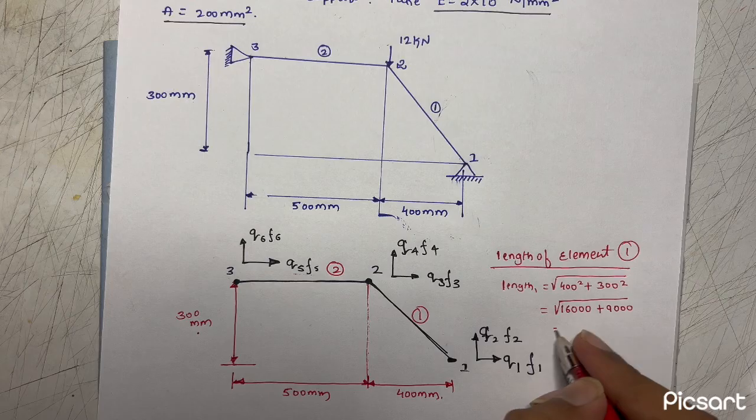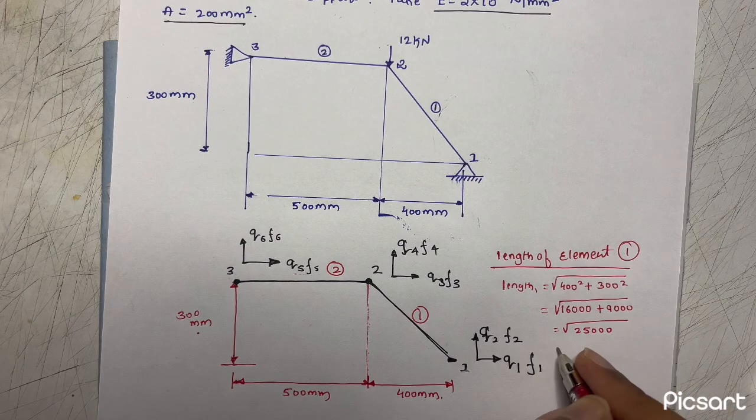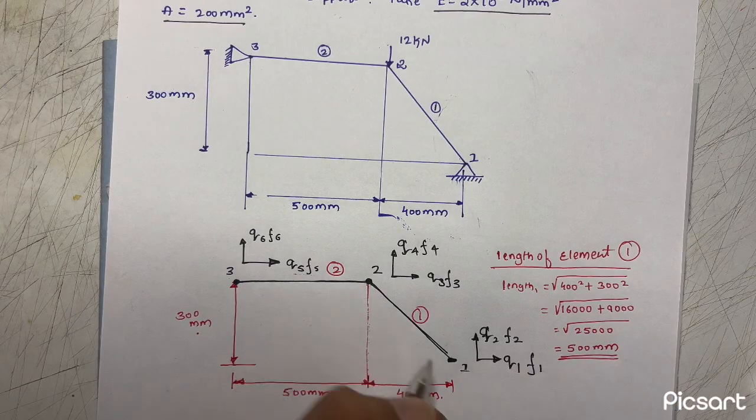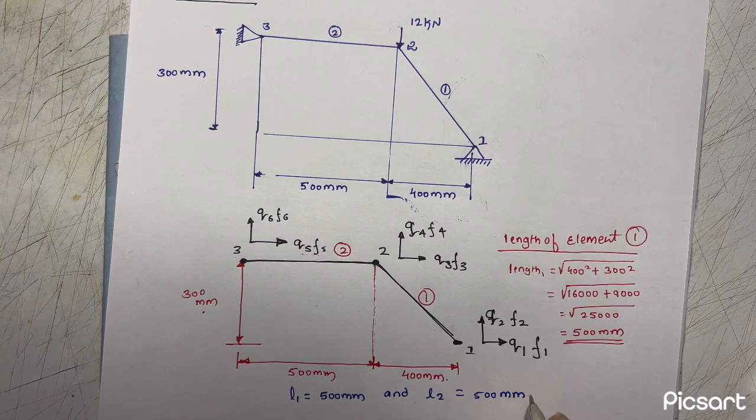After adding we'll get 25,000. So after solving we'll get length as 500 mm. So L1 is equal to 500 mm and L2 is equal to 500 mm.